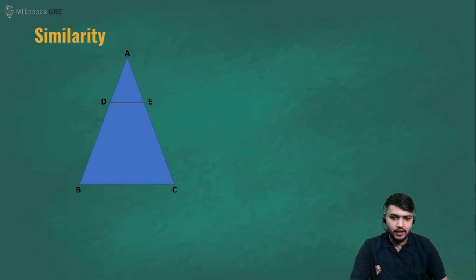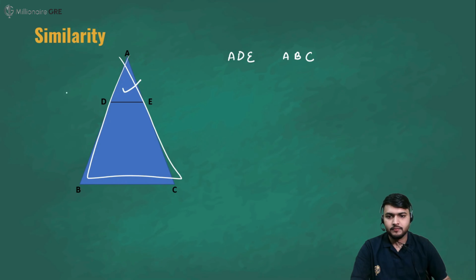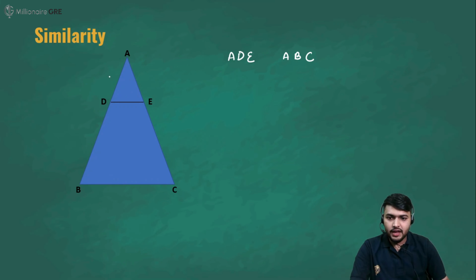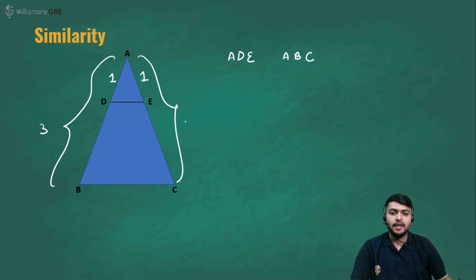Here we have two triangles, ADE and ABC, the smaller triangle and the larger triangle. Let's take AD as 1 and AB as 3, and let's assume AE is 1 and AC is 3.